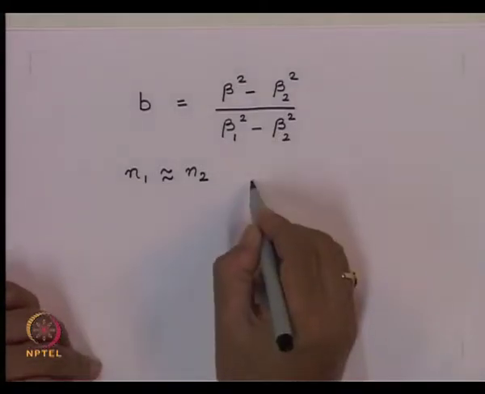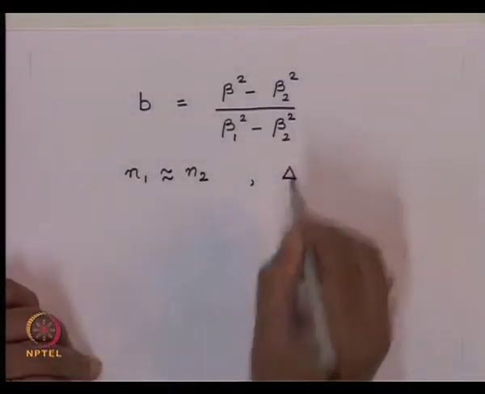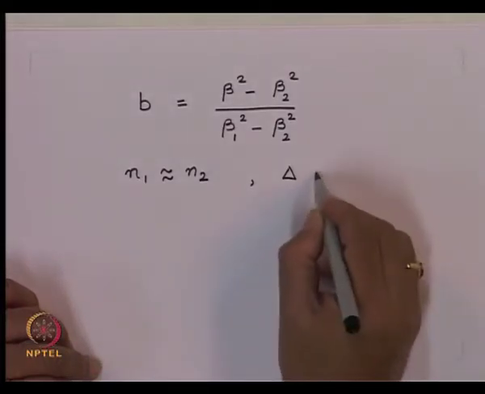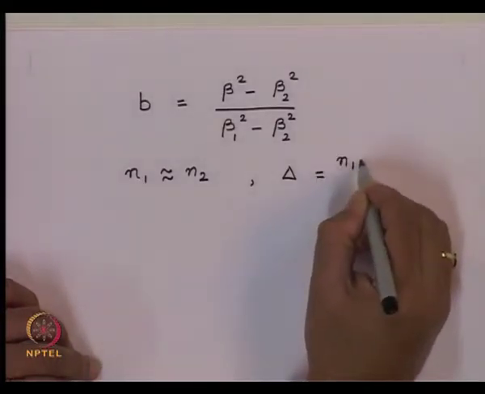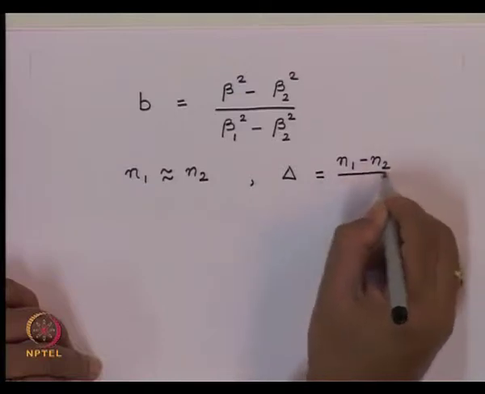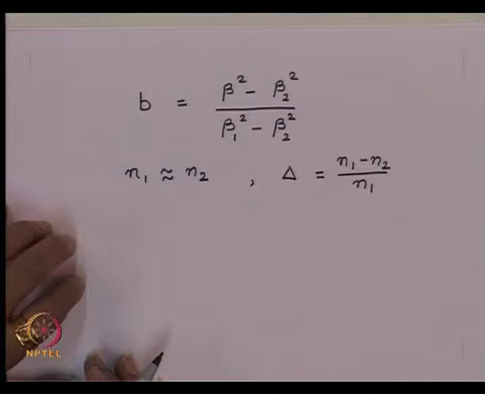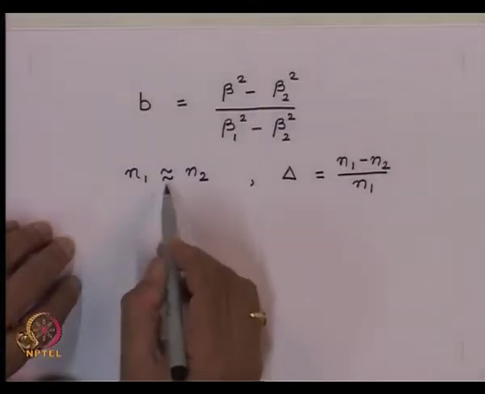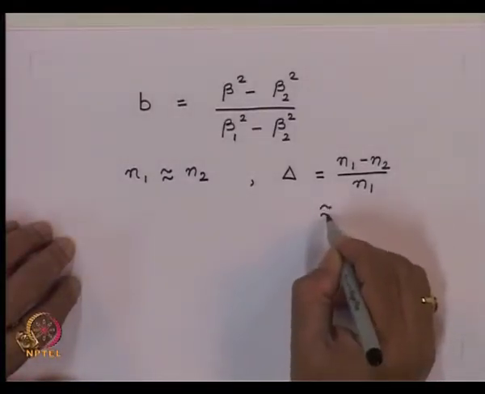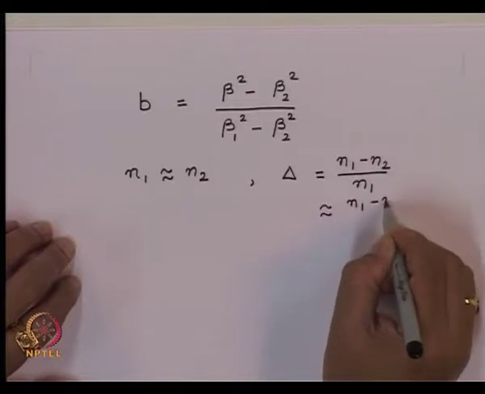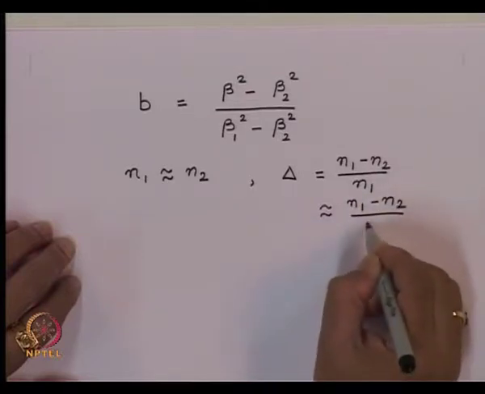You also recall that we had defined a parameter delta that is equal to N1 minus N2 divided by N1. And since N1 is approximately equal to N2, approximately this quantity is also N1 minus N2 divided by N2.